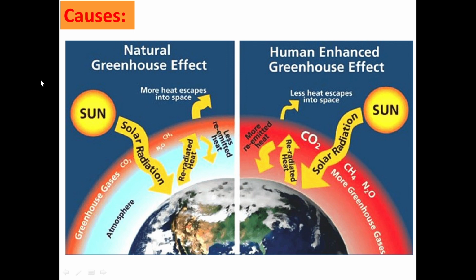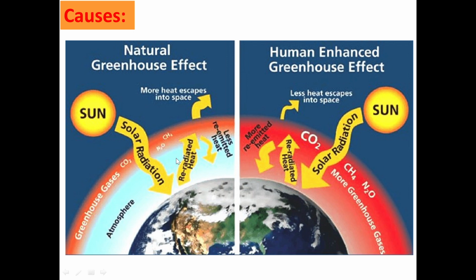This is the sun. From the sun, earth receives solar radiation in the form of long wave radiation. Some of the heat is absorbed here, and again the heat is re-radiated from the earth surface to the atmosphere.